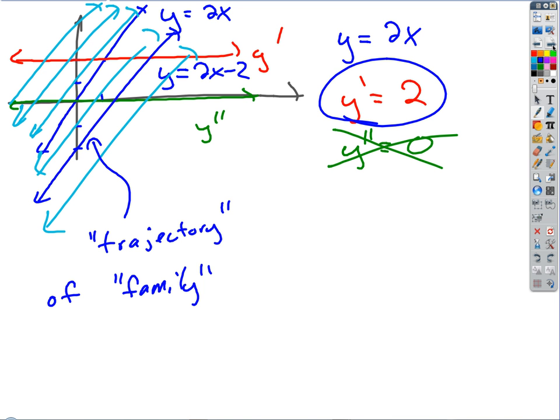Locus is just a fancy math word for set. It's just a set of points that have a specific relationship, right? And the easiest way for us to articulate that relationship is with an equation, right? If we have the equation y equals 2x, that tells us exactly what the relationship is between any x value and any y value, right?